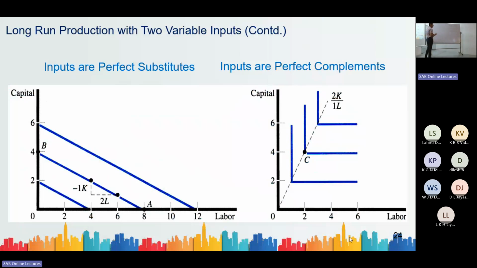When the isoquant curve is convex to the origin, when moving down along the curve, what happens to the marginal rate of technical substitution? It declines.